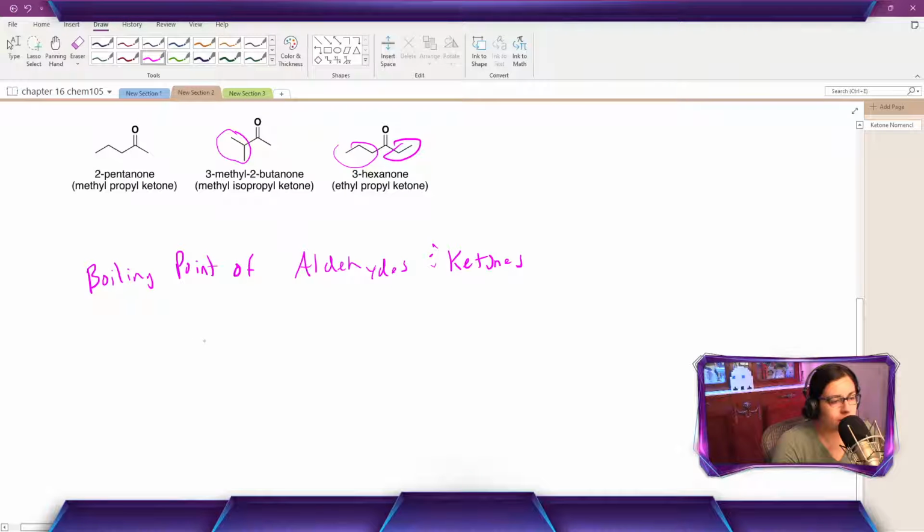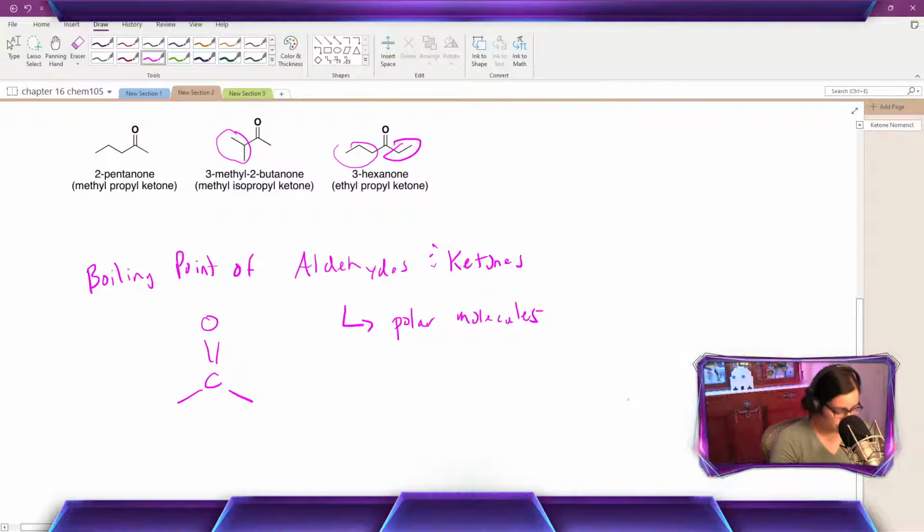Let's just think about that. I just put acetone up there so we could think about it. The CO is going to be polar, so these tend to be polar. And if they're polar molecules, they're going to have strong dipole-dipole forces.